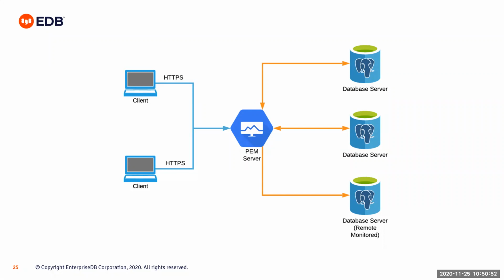Since it has a connection to the database itself, it will be able to gather metrics on the database server itself. So things like table spaces and tables and last auto vacuuming will be available, whereas all of the operating system based metrics are not available on a remote monitored server. So you cannot monitor CPU load or file sizes and things like that.